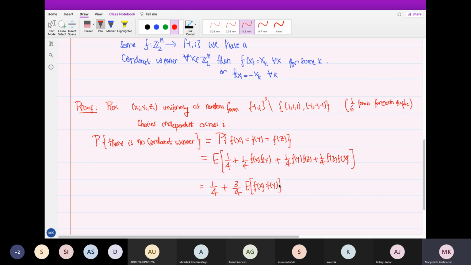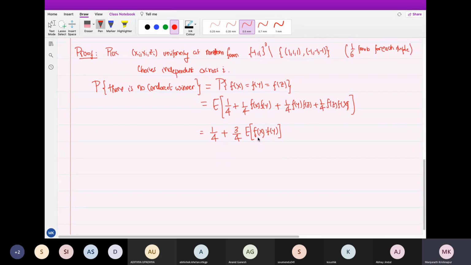Okay. So what is this expectation of fx fy? We calculate that using Fourier.